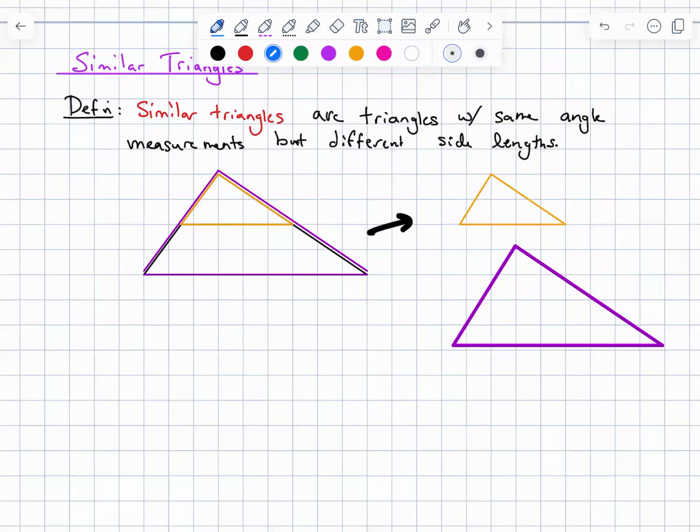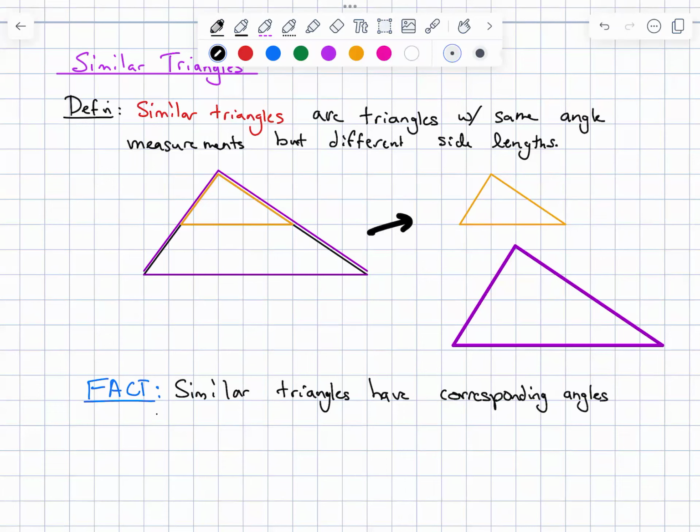Well, there's a nice little factoid that says that similar triangles have corresponding angles that are equal in measure and corresponding sides that are equal in proportion.